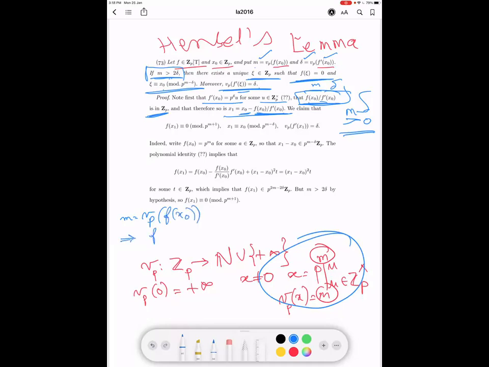What does this mean? It implies that f of x naught is congruent to 0 modulo p to the m.